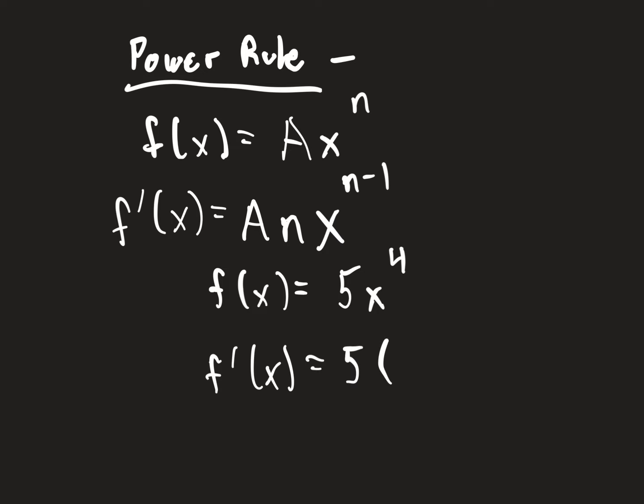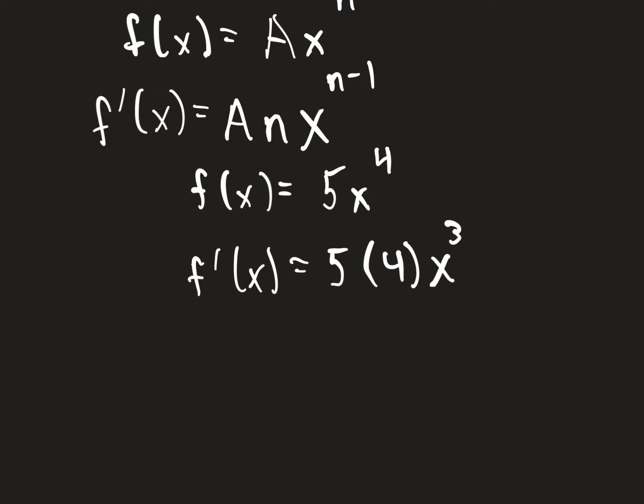Then I take the exponent and I bring it down. N. What's n in this problem? 4. Then I take my x and I write down my x. I raise it to the n minus 1 power. What's n minus 1 in this one? 3. So if I write this out, f prime of x equals 5 times 4 is 20, x to the 3rd. Let's do another one.